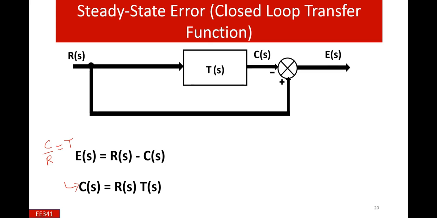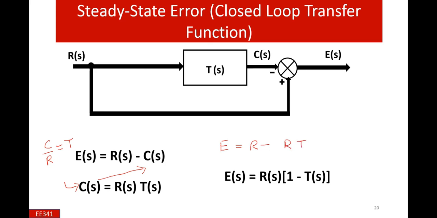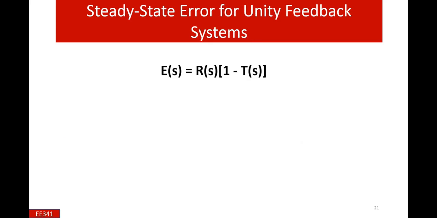If we substitute this value into the error signal, we have E(s) equal to R minus R times the closed loop transfer function, and this is the final relation of the steady state error.